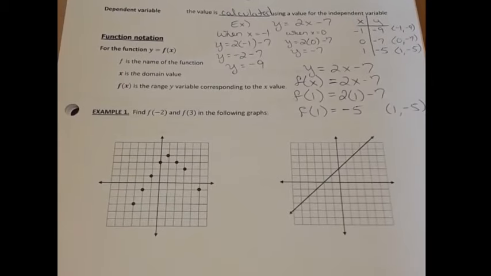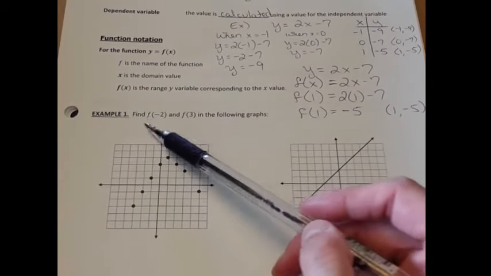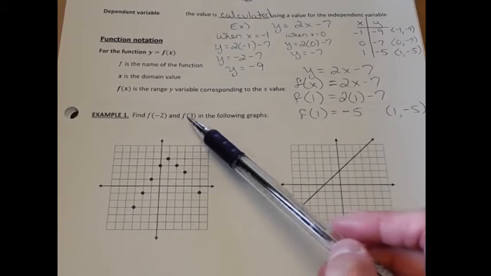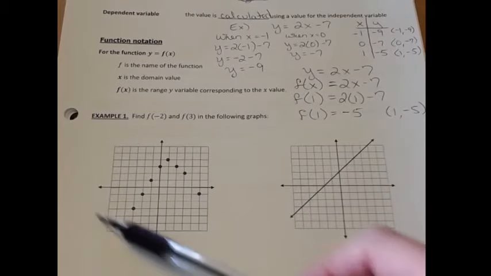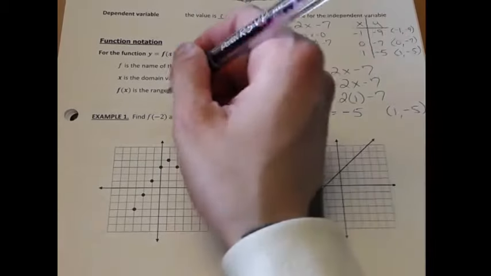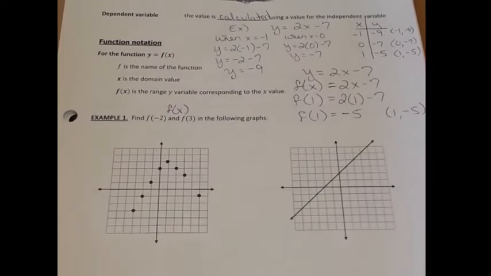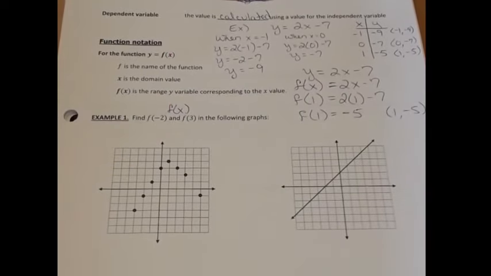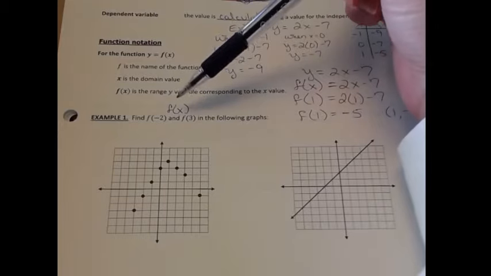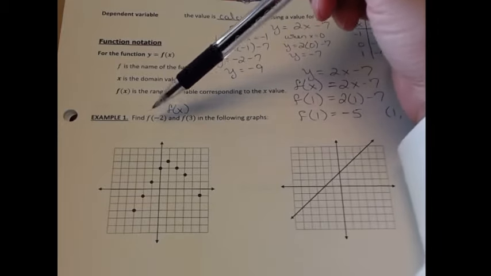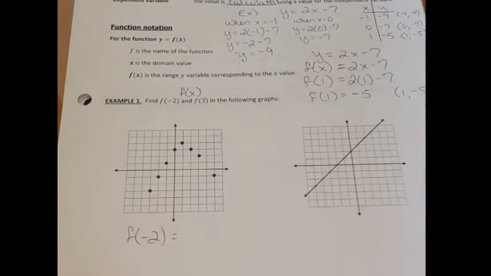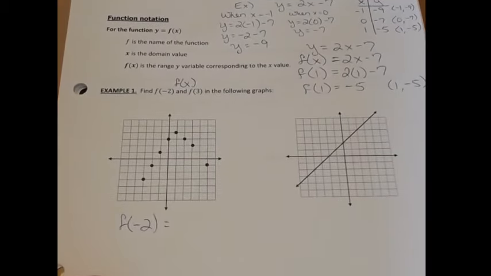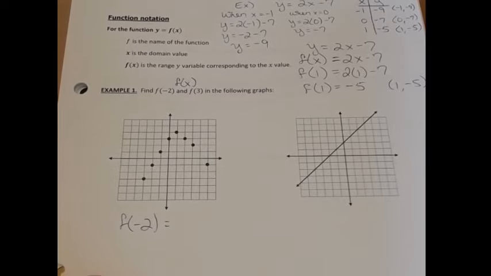Take a look at example 1. We want to find f of -2, and we also want to find f of 3. So we're going to do that in each of these graphs. I want you to focus only on our first graph. I want you to recall that our inputs are x and our outputs are y. So if we are looking at f of x and the first expression says f of -2, then I want you to consider that we want to find the value of y when x is negative 2.